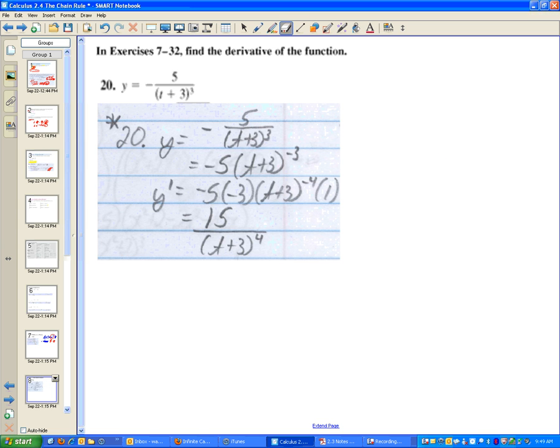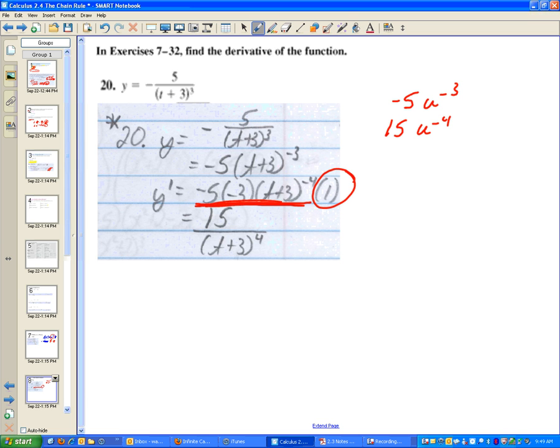All right? Just so that we're not forgetting the original chain rule notation. That's the dy/du. That's the du/dx, or du/dt in this case, since it's t. Okay? Because if I gave you negative 5u to the negative 3 and said find the derivative, wouldn't you get 15u to the negative 4?